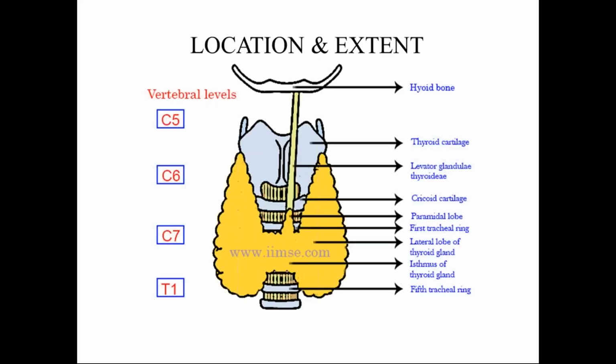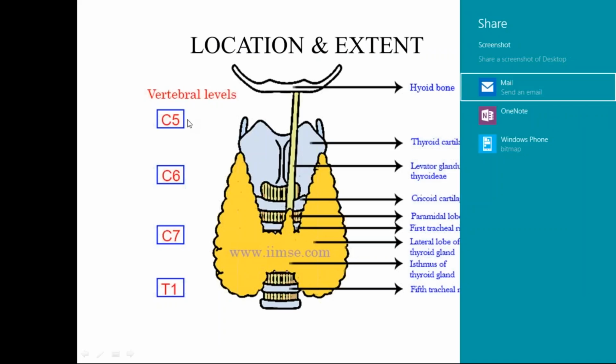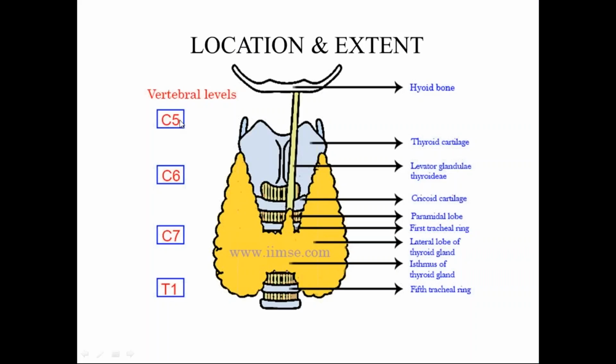Thyroid gland is situated in the front of the middle of the neck. As you can see in the picture, this is the thyroid gland. Its extent is from C5 to T1 vertebral levels. It extends from C5, C6, C7 and T1 vertebral levels.